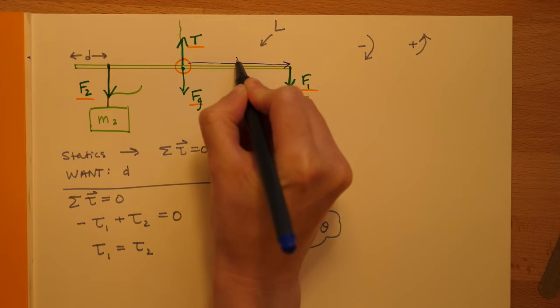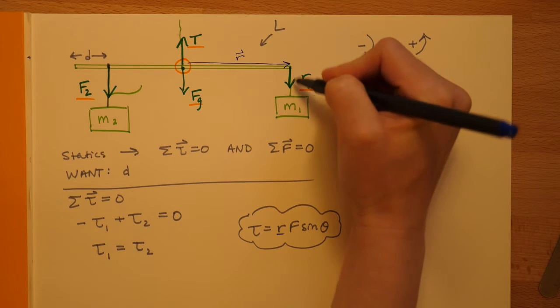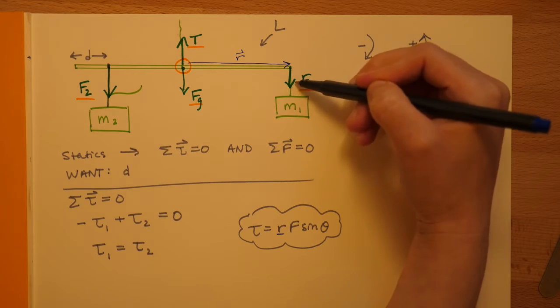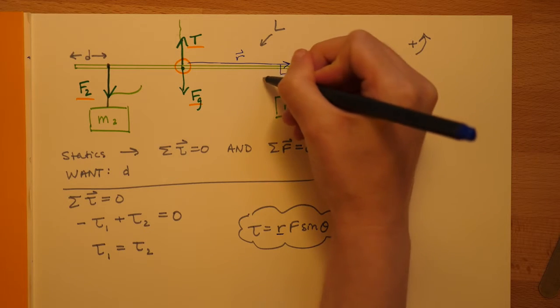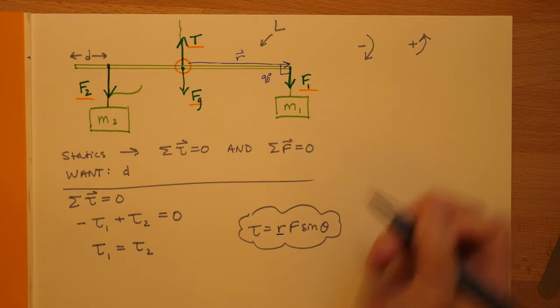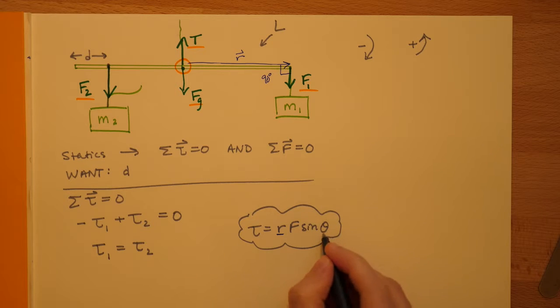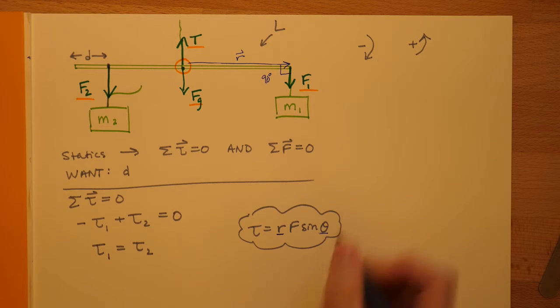So this is our R, and the force vector points down like this. So there's a 90-degree angle between those two vectors. So the angle here is 90 degrees, but the sine of 90 degrees is 1.